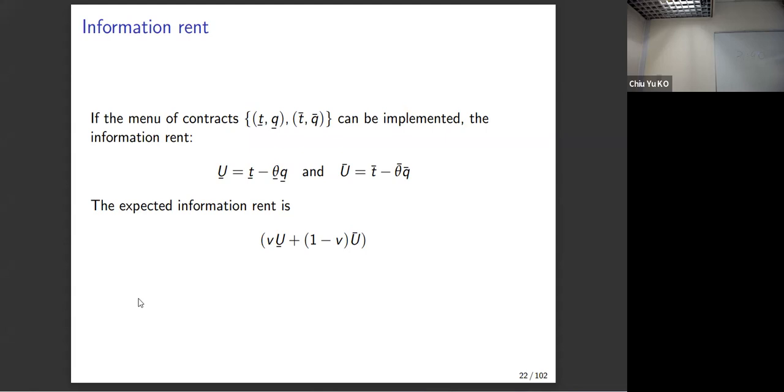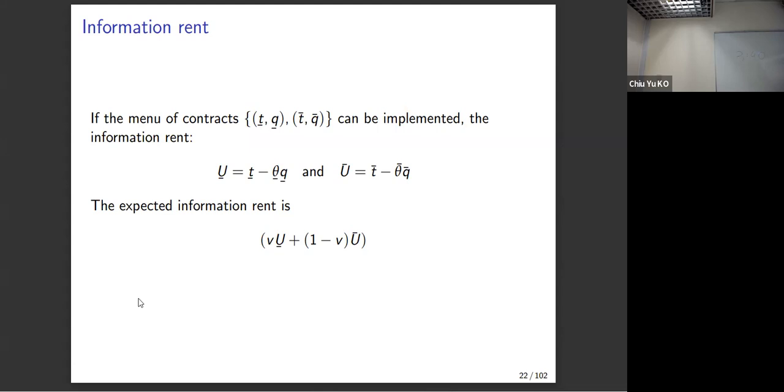What is it? This is the payoff of the agent, right? The outside option is 0. Right? If complete information, the payoff is 0. Right? But under incomplete information, this is your expected payoff. Right? This is the rent that you get because of information asymmetry.